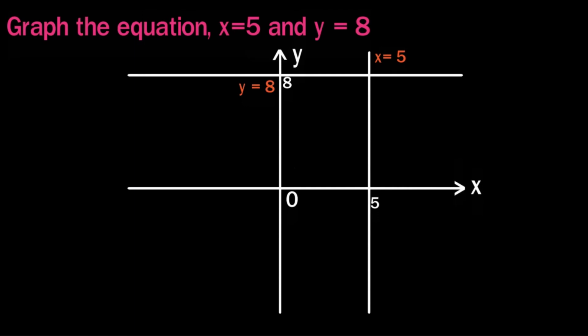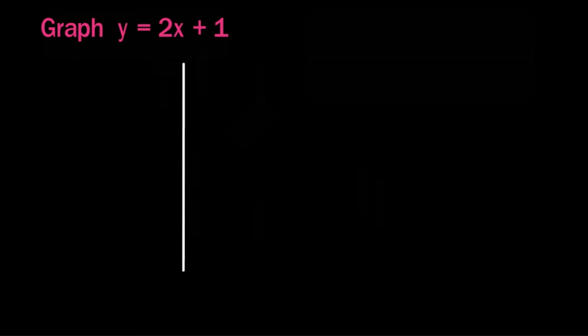So let's try another example. Now we want to graph y equal to 2x plus 1. If we want to graph this, the first thing we do is draw out the x-axis and y-axis, and we use 2 points to draw the graph.